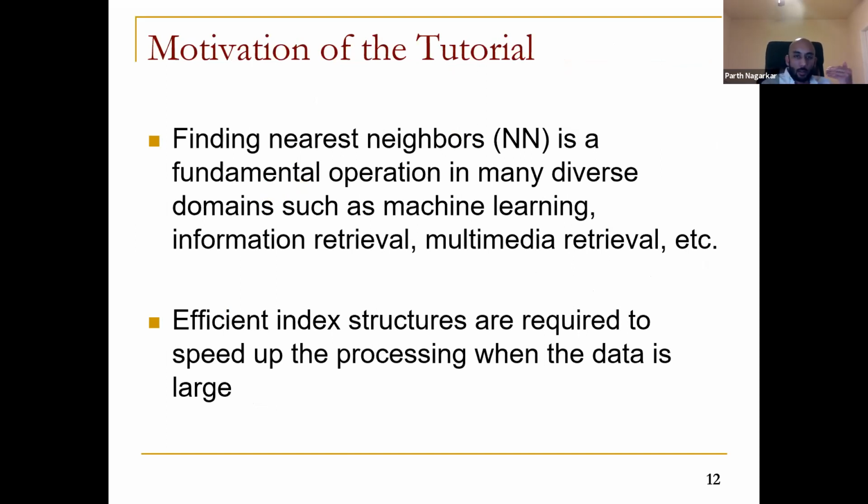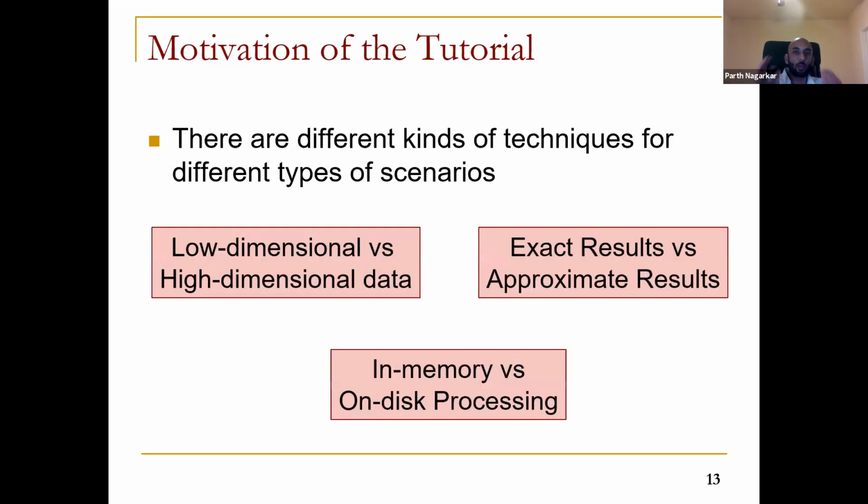Since this problem is a fundamental operation in many diverse domains, especially nowadays when we have a lot of data, scalable index structures and scalable techniques are required to speed up the processing. In this tutorial, we want to focus on these different types of scenarios. We will mainly focus on what happens if you are given low dimensional data or high dimensional data, which is also somewhat correlated to the question of whether you want exact results or approximate results are fine.